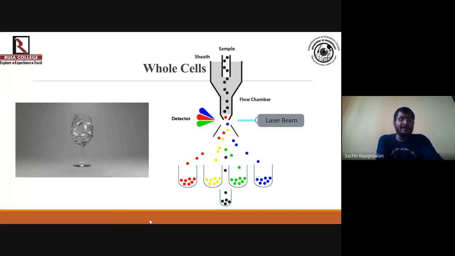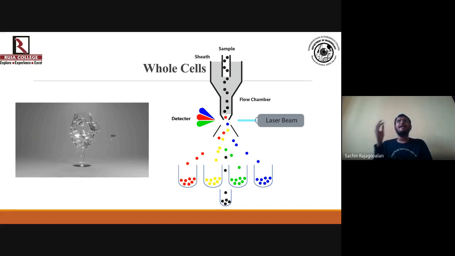Fine. Now let us continue with our discussion of whole cells. When you talk about sorting the cells, this is of huge help in cancers, because when you have a sample coming from a cancer patient, it may have both normal cells and cancerous cells. And cancer cells normally have specific marker antigens on their surface.